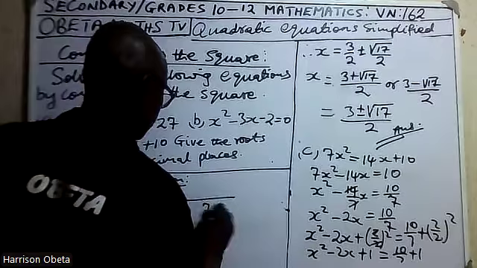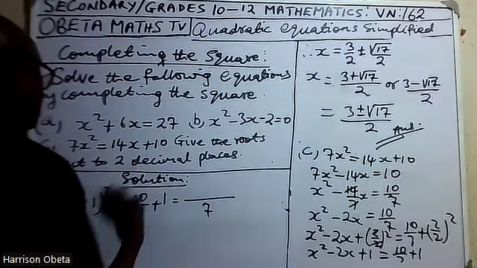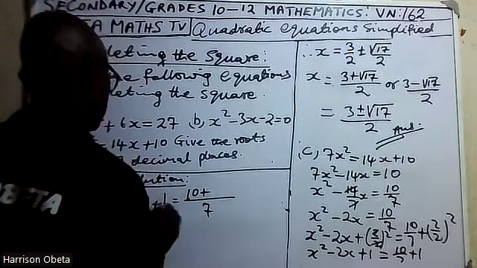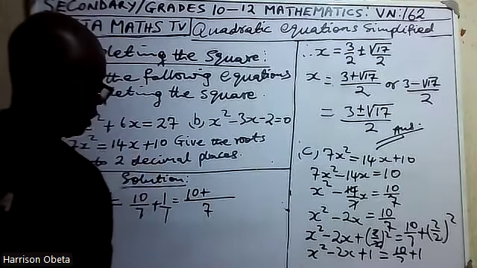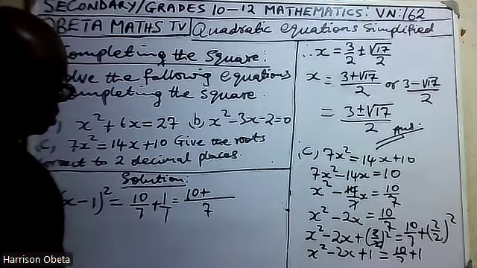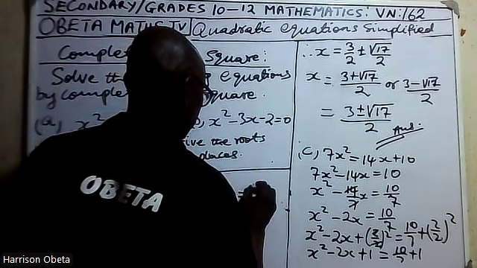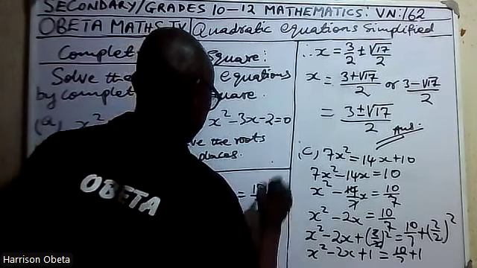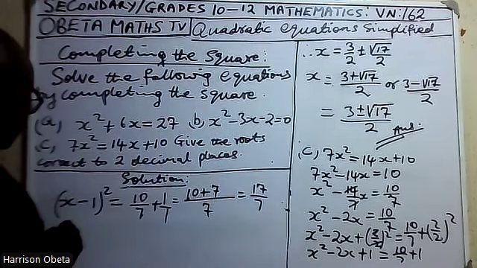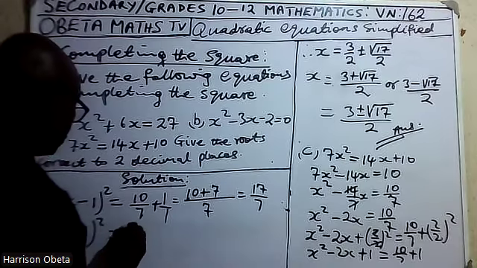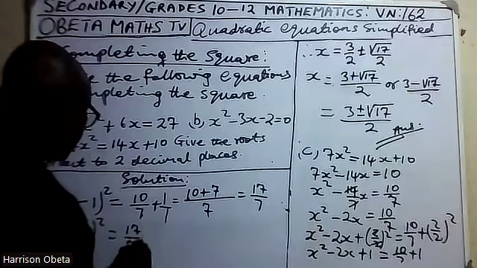That will be 7 into this is 1 times 10 is 10, plus 1 into this is 7 times 1, 7, and that will give us 17 over 7. So we have x minus 1 squared is equal to 17 over 7.